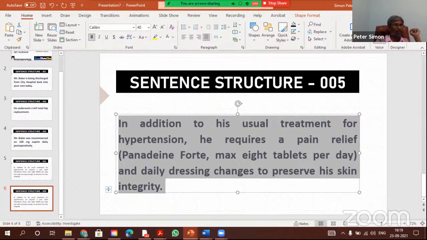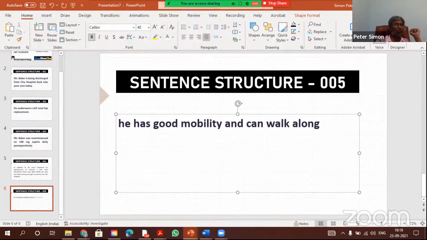He has good mobility and can walk along the ward using a wheelie walker without difficulty.